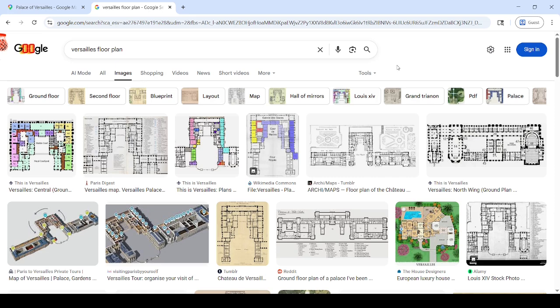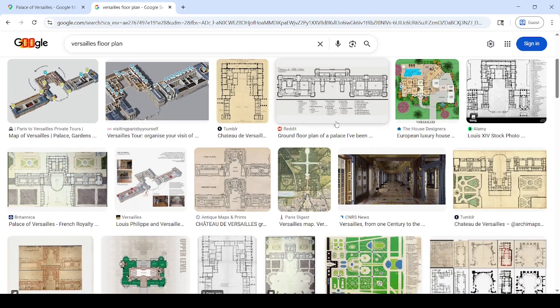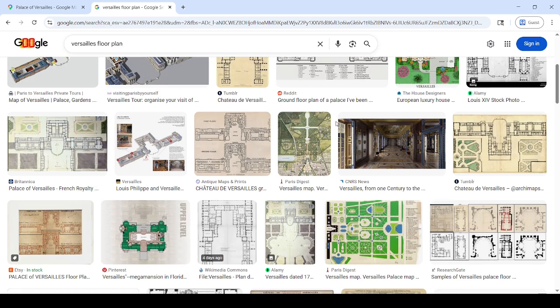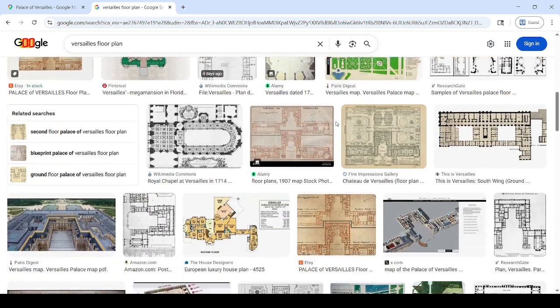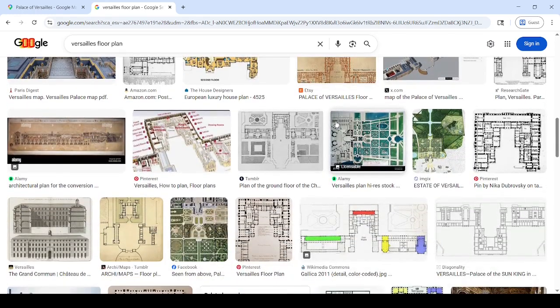When you Google floor plans for something, you may find fan-made different structures that are inspired by the one you're looking for, which can be very interesting. And I do like to look at them and see what people have created. But if I'm doing a project based off of a real building, I want to try to find as close to the real blueprints as I can.